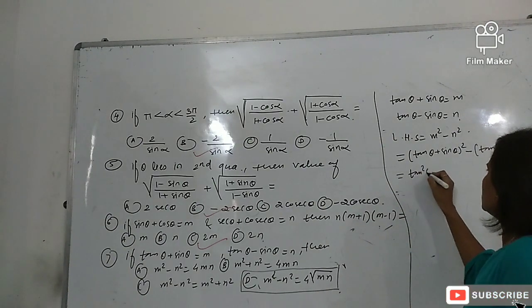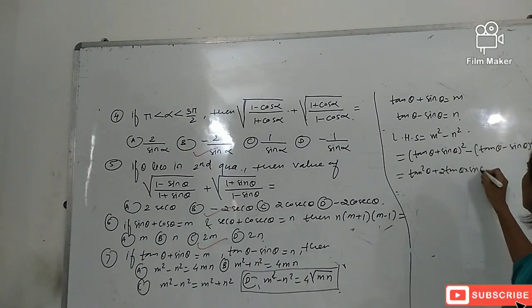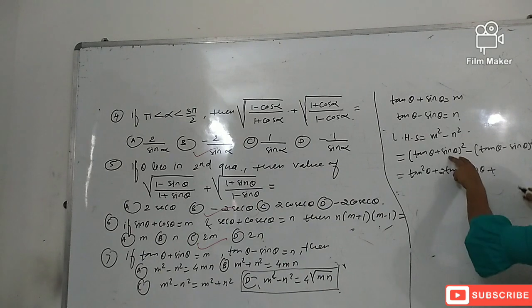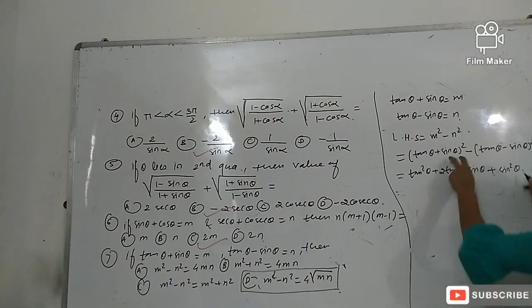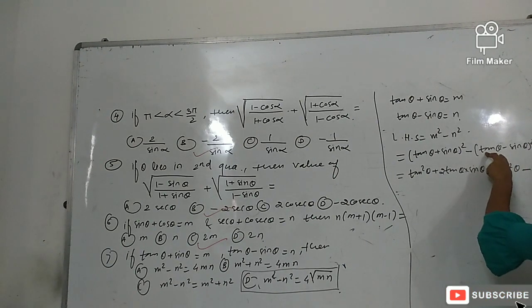Expansion is tan square theta plus 2 tan theta into sin theta plus sin square theta, from the (a plus b) whole square. Similarly, expand the second bracket: its expansion is tan square theta minus 2 tan theta into sin theta plus sin square theta.